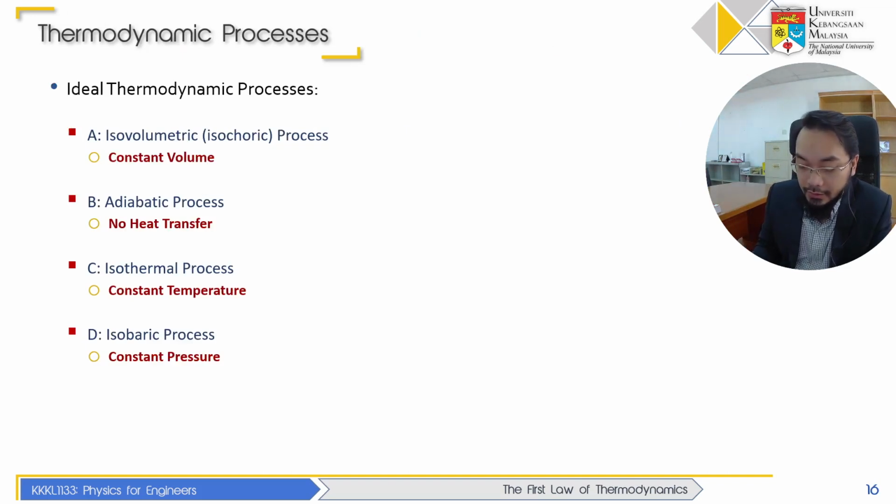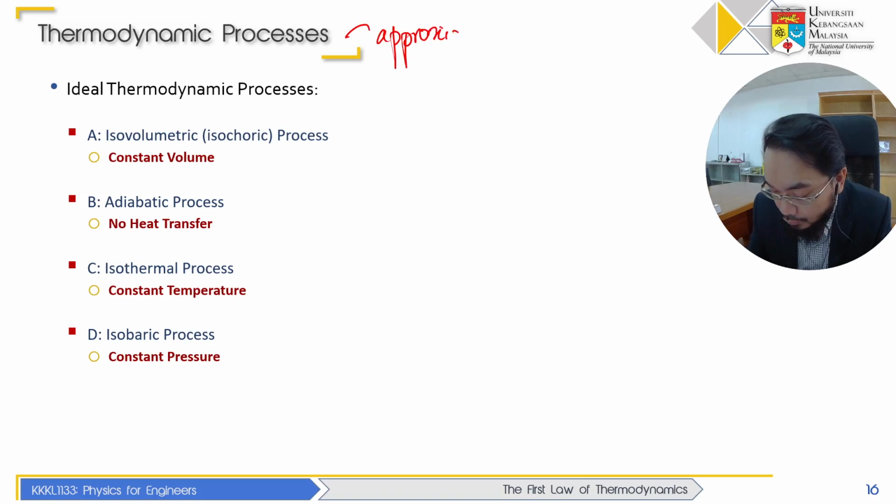Now let's look at some of the standard thermodynamic processes, or I should say approximate models of typical thermodynamic processes. It's an approximation. Why do I say approximation? Because most thermodynamic processes happen very fast.